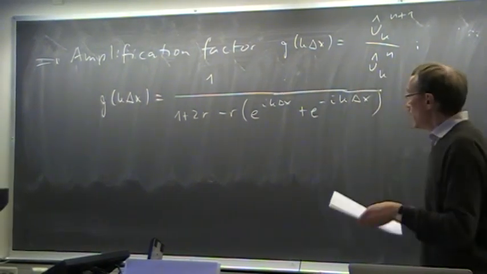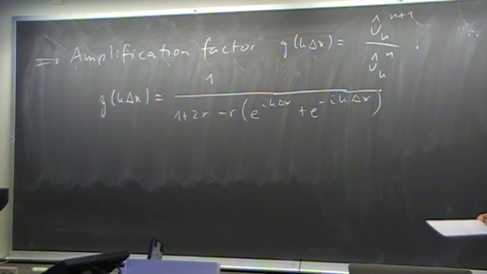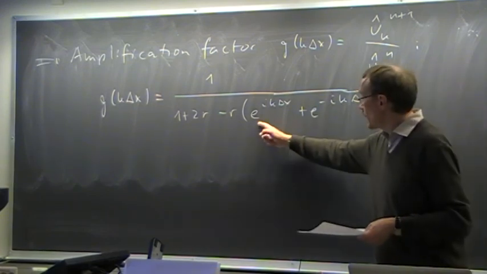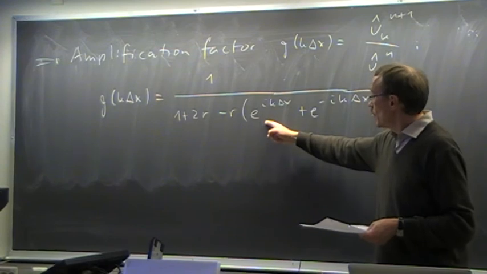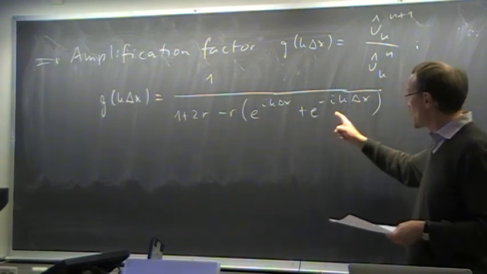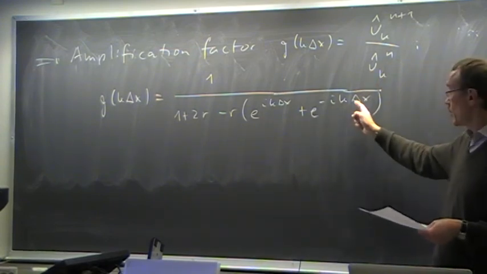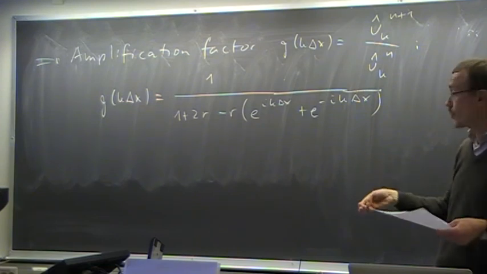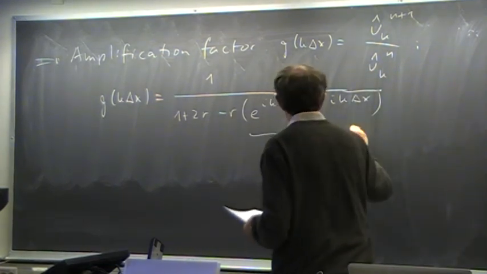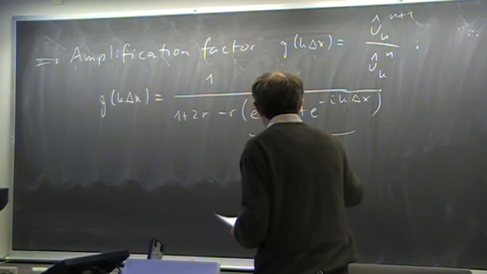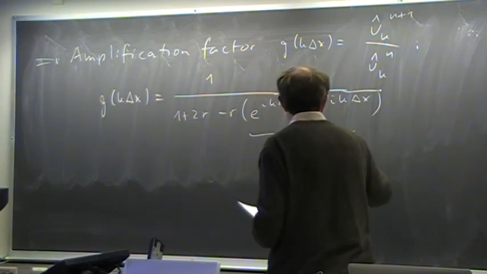Now we can again use Euler's formula to see that this is cosine plus sine, this is cosine minus sine of these arguments k delta x, so 2 cosine of k delta x.